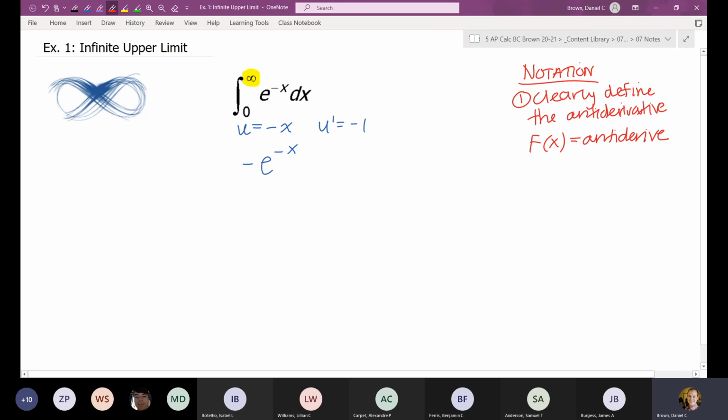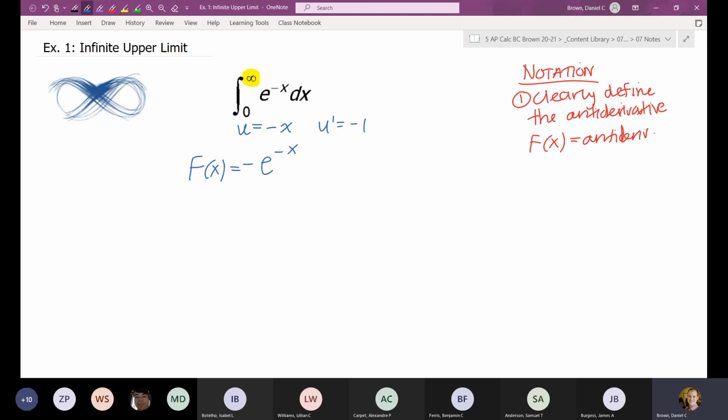So if I'm looking at this problem, the antiderivative for this one is negative e to the negative x. I'm going to clearly label that as the antiderivative by calling it capital F of x is equal to negative e to the negative x.